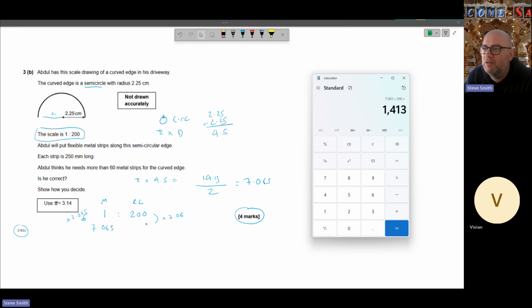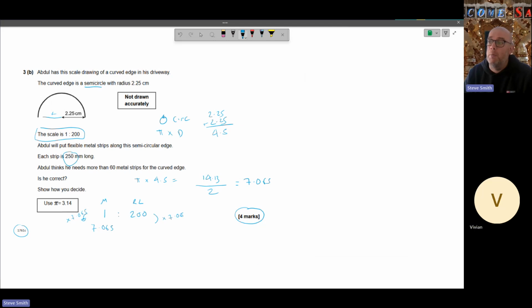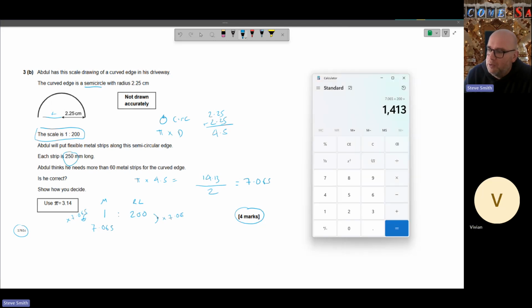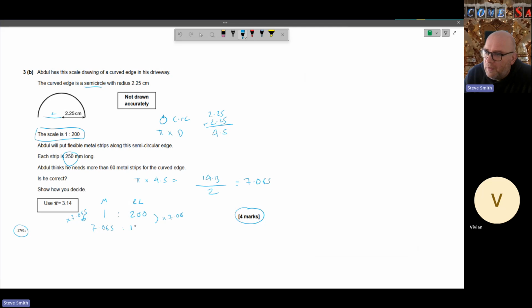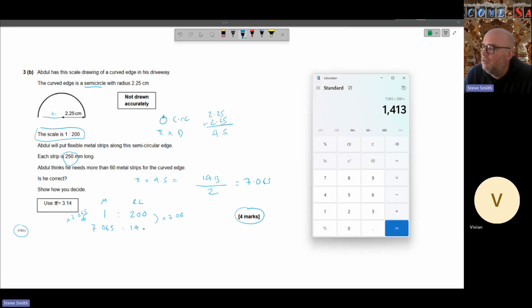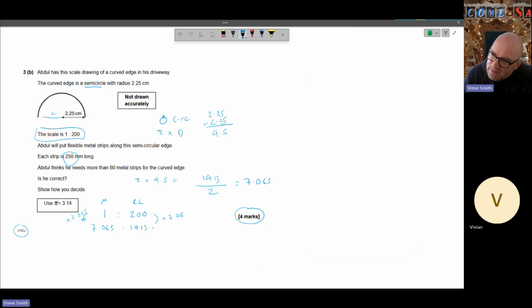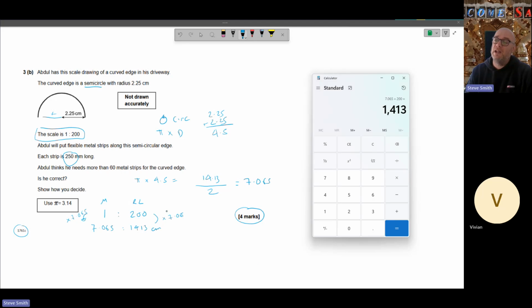Is that in centimeters? My brain's not thinking straight now. The scale is 1 centimeter for 200. So that's what we're buying, and that's why it's worth more. So we know it's 1,413 centimeters. That's how far our garden edge needs to go.